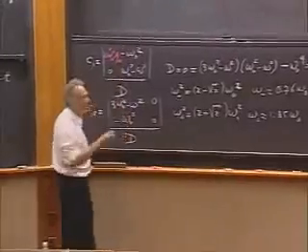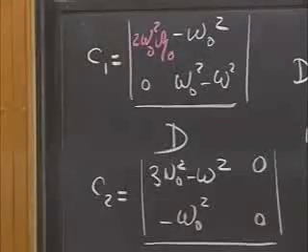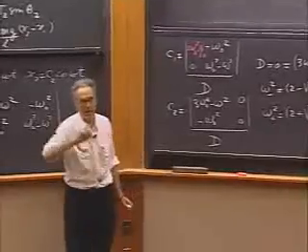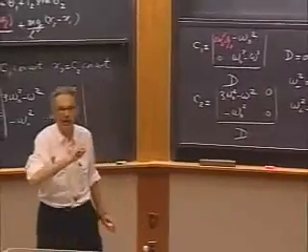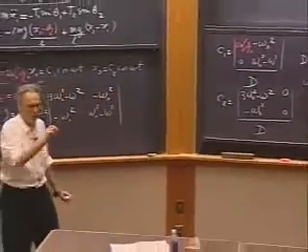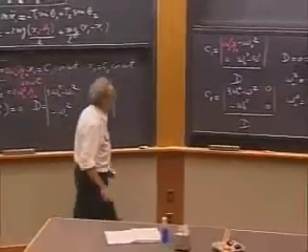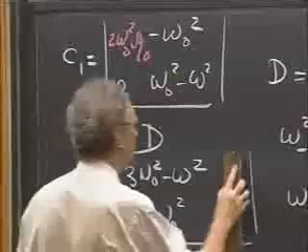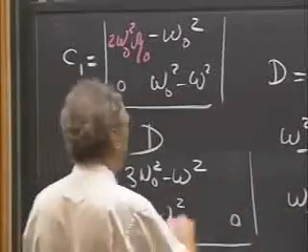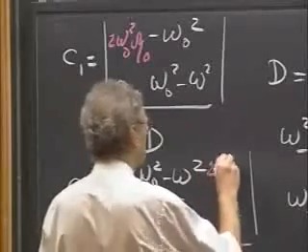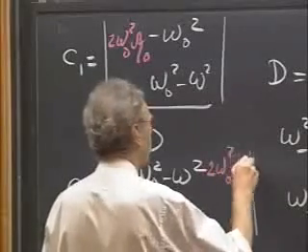Eta 0, remember, is the amplitude of my hand. Eta is the displacement of my hand at any moment in time. Eta 0 is the amplitude. And so here, we get then also 2 omega 0 squared times eta 0.